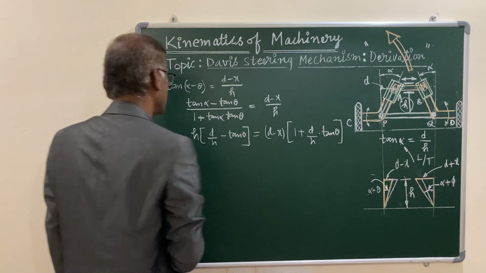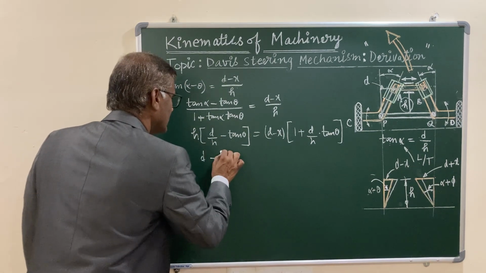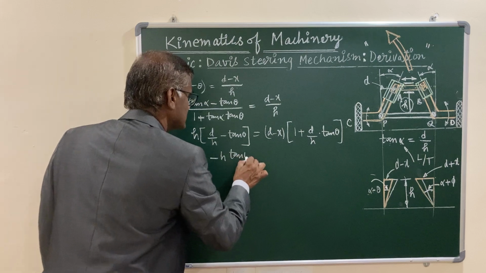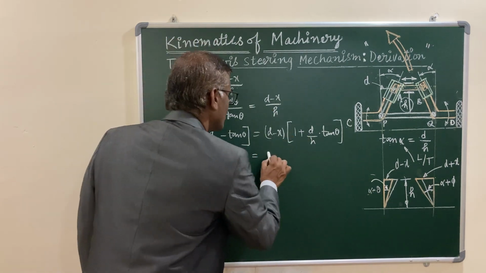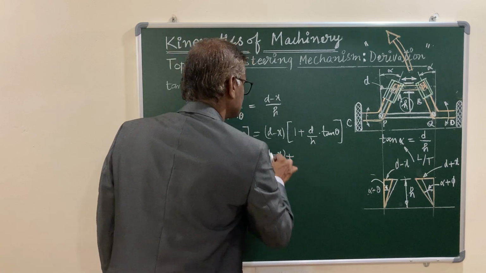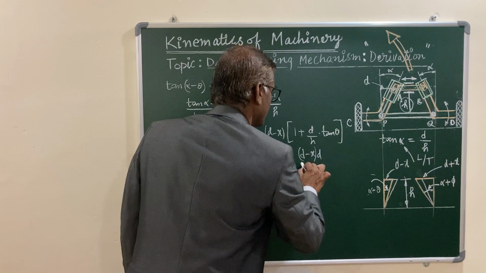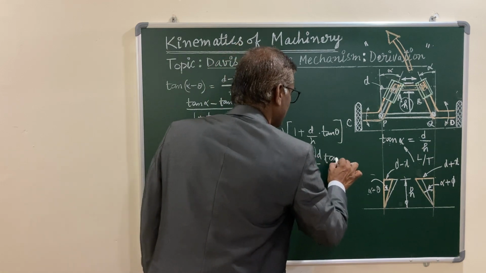Now expand it: on the left hand side you have d minus h tan theta, equals the right hand side, where you have d minus x as the first term, plus (d minus x) into d by h times tan theta.